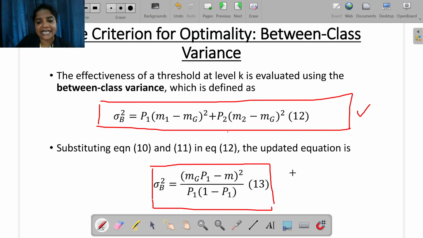Here we need not calculate P2. Okay, and we need not calculate M1 and M2 also. Only the cumulative mean and the global mean is enough, and also the probability of class 1 is enough. Okay, so this is a much simplified version of the formula. So we are going to use equation 13 to calculate the between class variance for all k values ranging between 0 to L minus 1.